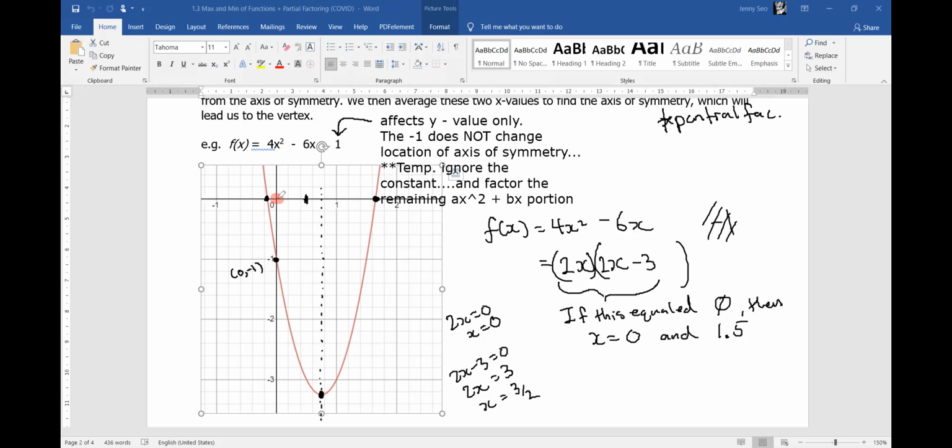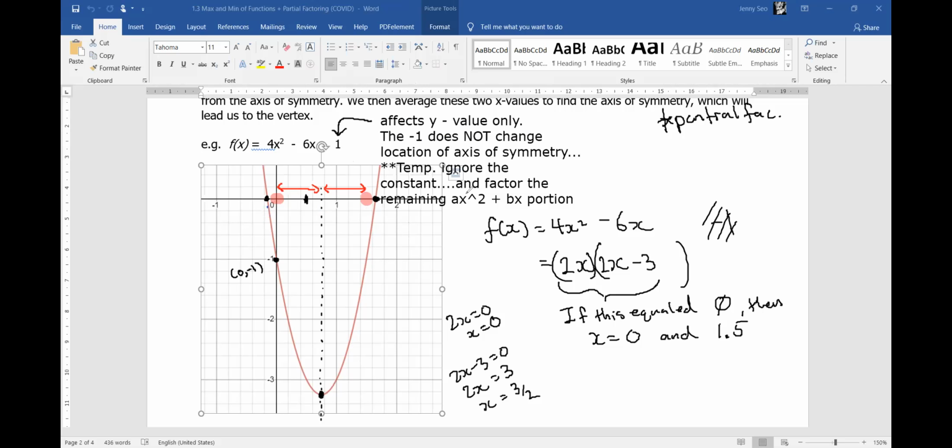X equals 0 and x equals 1.5 are equal distances from the axis of symmetry, just as if I was talking about the real x-intercepts.